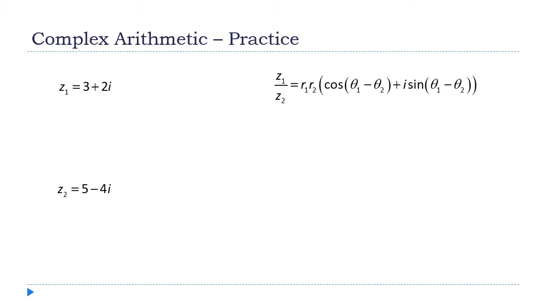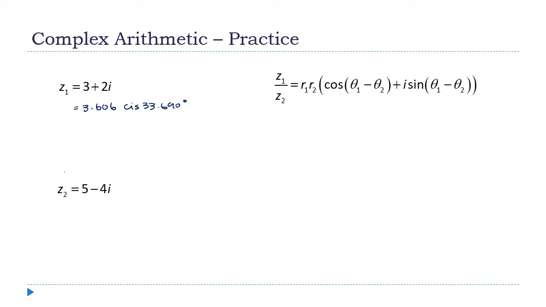Okay, so where you should have ended up is Z1 is 3.606, that's the square root of 3 squared plus 2 squared, so the square root of 13, cis, I'm going to use my shortened notation here, 33.690 degrees.